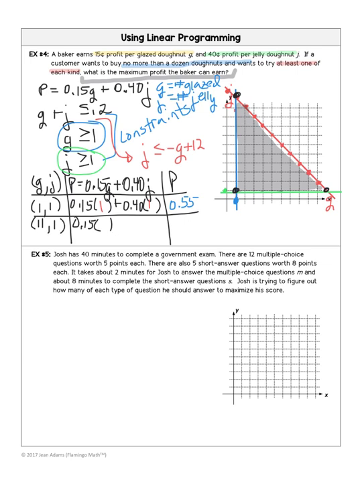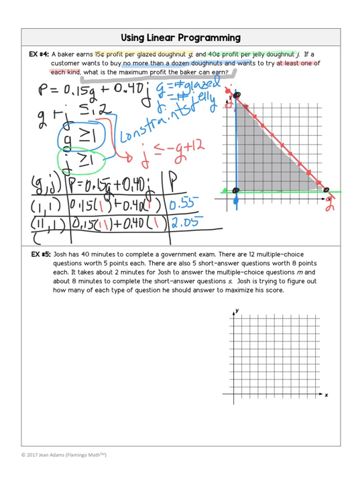Getting hungry for donuts. So 0.15 times 11 is $1.65 plus 40 cents gives you $2.05. So far that's the biggest, but we have one more to look at.